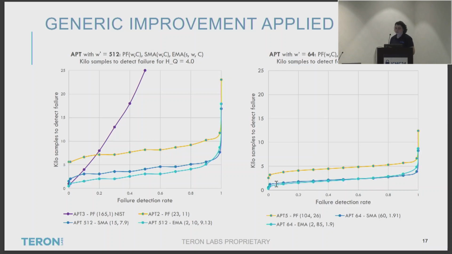And again, the 64 symbol window APT performs better than the 512. So basically this graph is saying if you use some sort of average, you can detect the same failure, the same percentage of the time with half the amount of data, because these lines are at about half the height of the other ones.